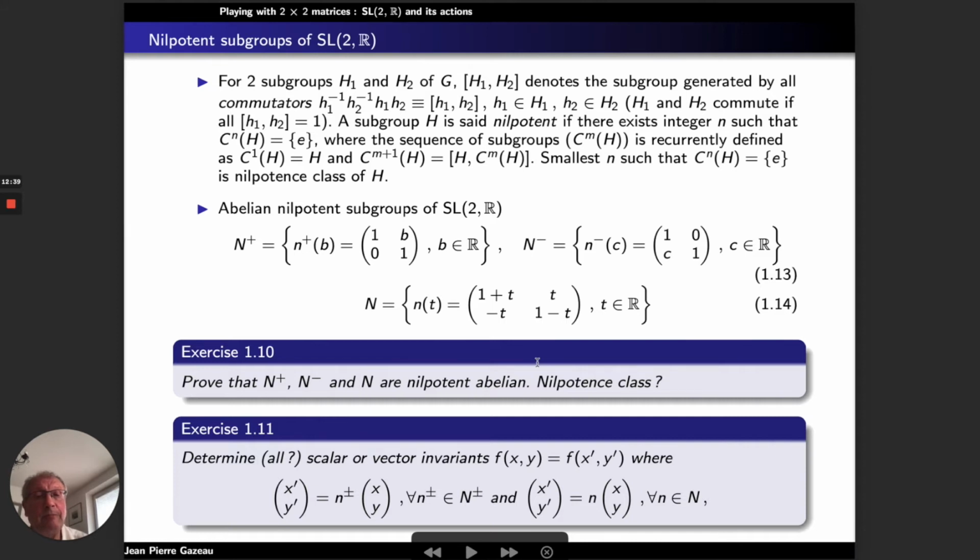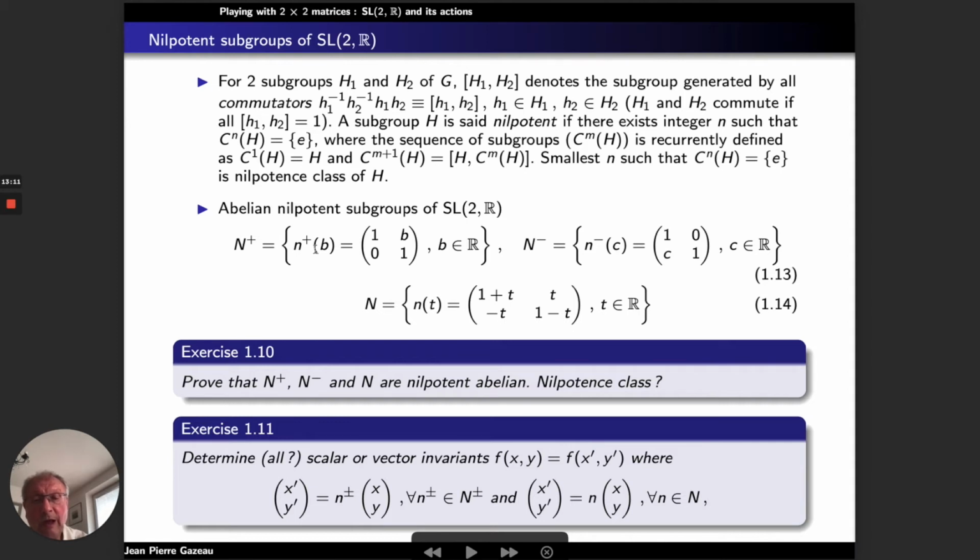And what is the nilpotence class? And again, determine all scalar or vector invariants f of (x, y) such that f(x, y) is equal to f(x', y'), when x', y' are deduced from x, y through the action of those matrices.